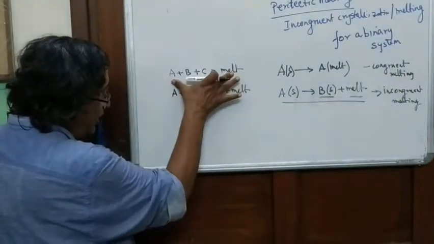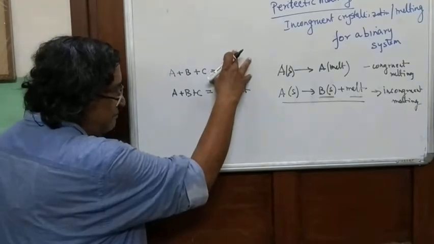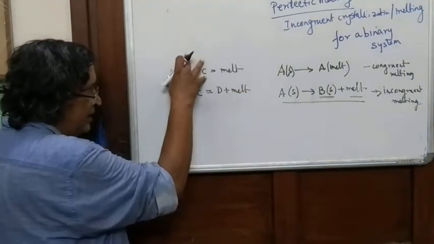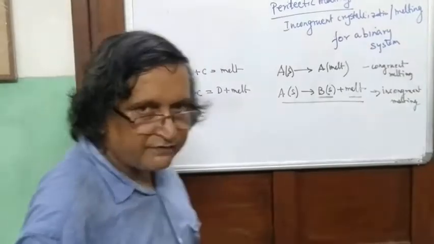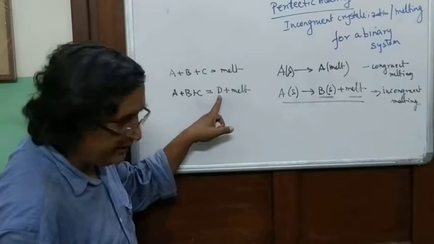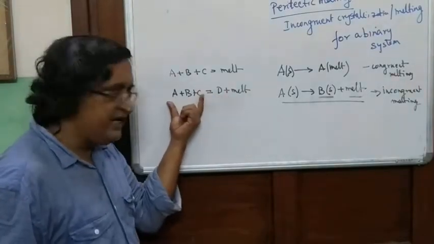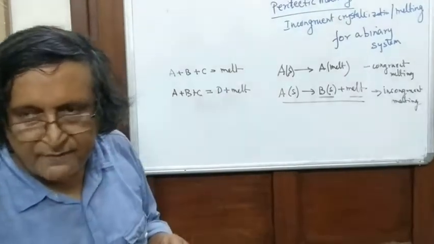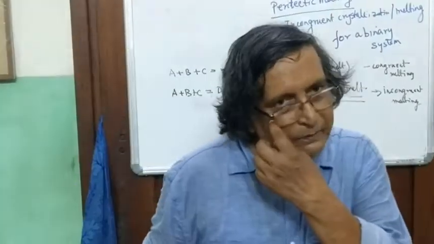Because here, in the first reaction, the composition of the melt is conserved by the composition and proportion of the solids. Here, because there is a new solid, the melt composition will never be the same as the proportion and composition of the solids. This is called incongruent melting.